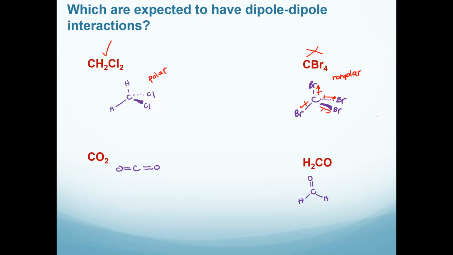Carbon dioxide is going to be nonpolar. Remember that the dipoles cancel each other out here, since they go in opposite directions. So we don't expect dipole-dipole interactions here. And if we look at formaldehyde, we have a dipole here. This is going to be a polar molecule, and we would expect to see dipole-dipole interactions.